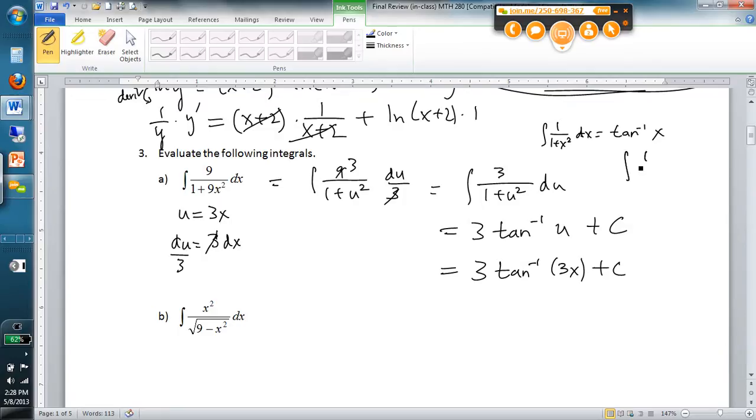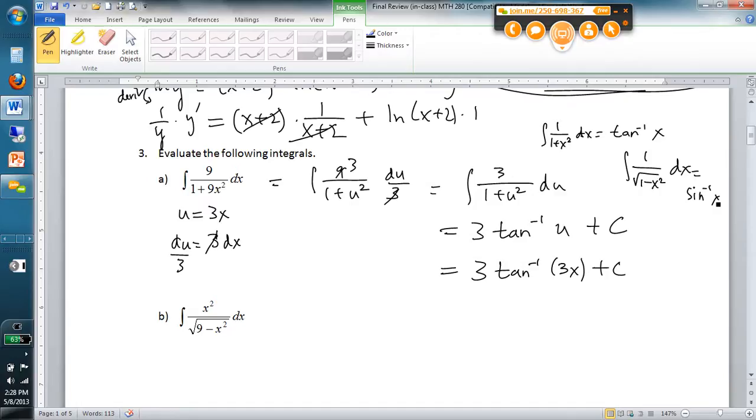Yeah, if I have 1 over the square root of 1 minus x squared or something vaguely familiar to that, that's sine inverse. Those are probably the two big ones there. So that's one possibility of integrals.